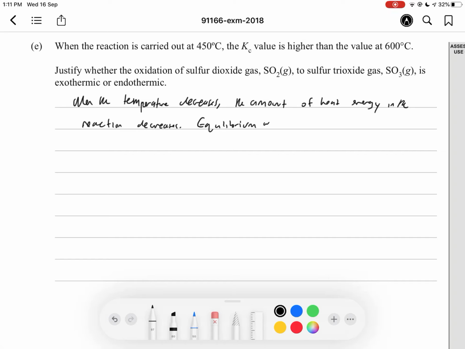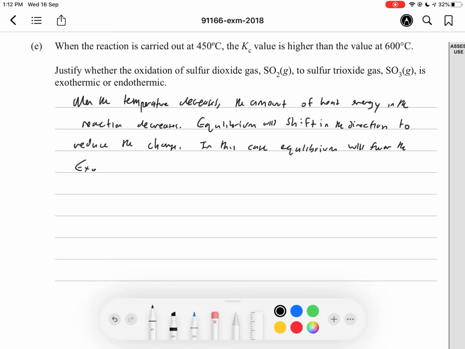Equilibrium will shift in the direction to reduce the change. In this case, as more heat in order to make up some of the lost heat.